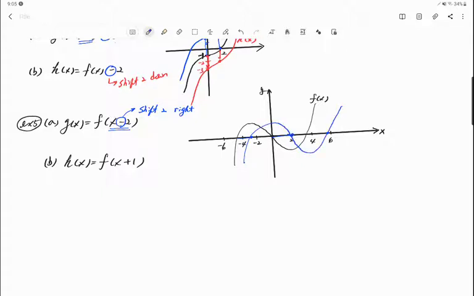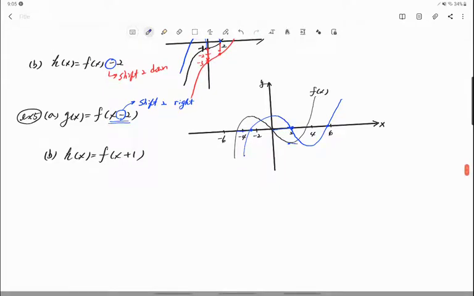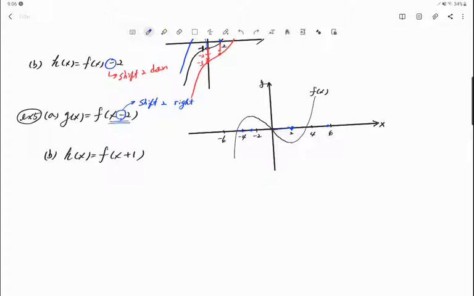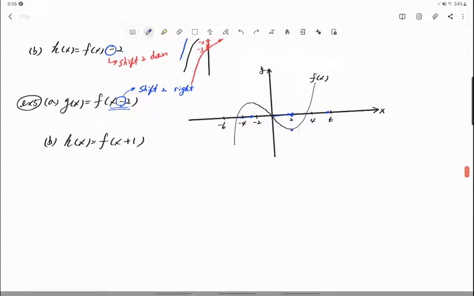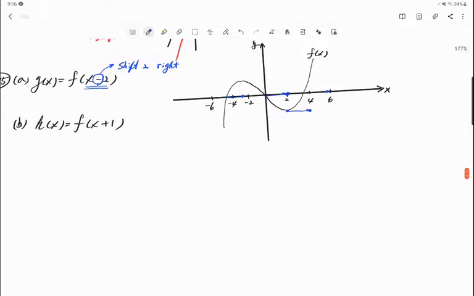Like this. And then this point moves, actually, 2 units to the right. Let me draw a little bit more precisely. So this one moves up to here, right? Even this point moves up to here.